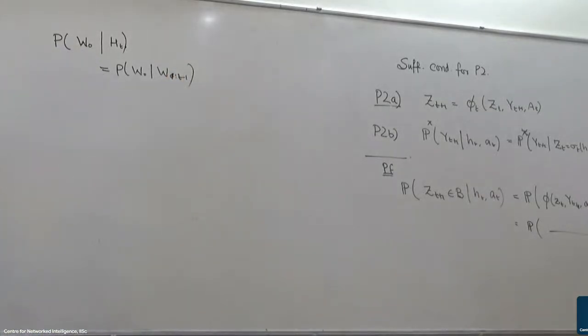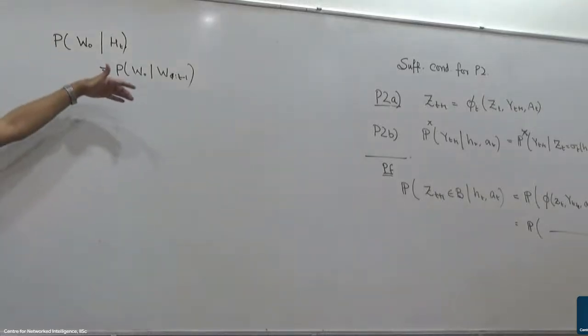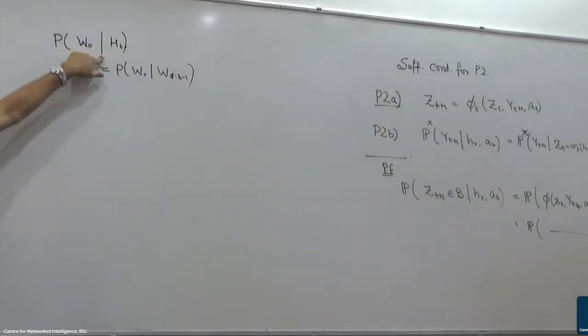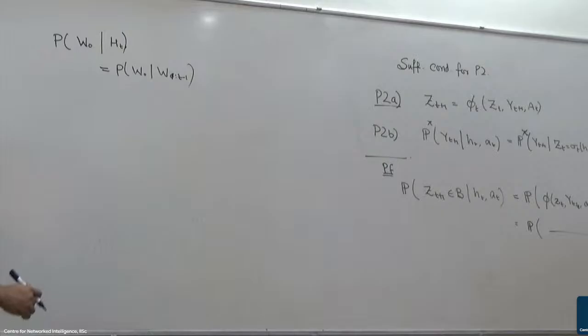If I know the joint distribution of all these variables, I can use Bayes' rule to figure out what this belief should be. My claim is this is an information state for the problem.